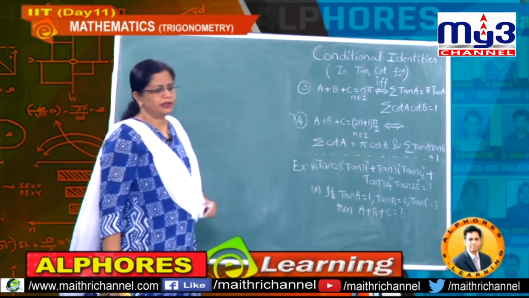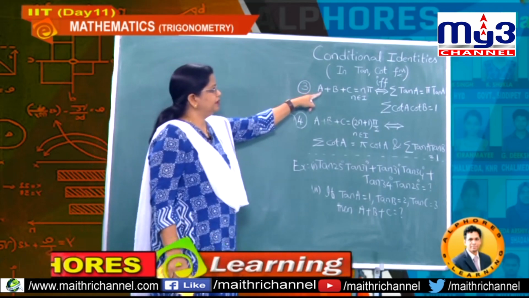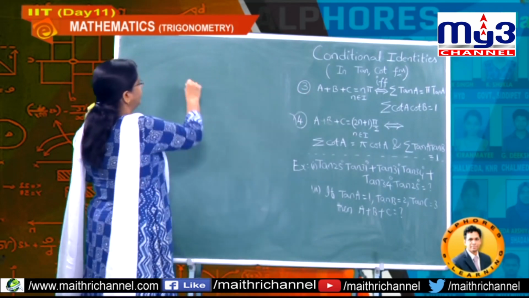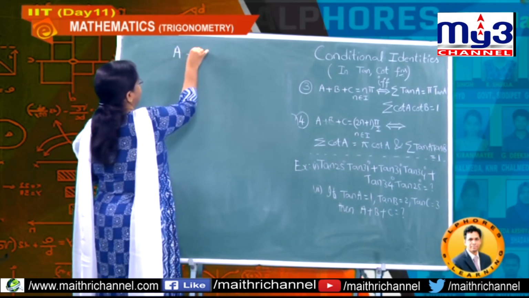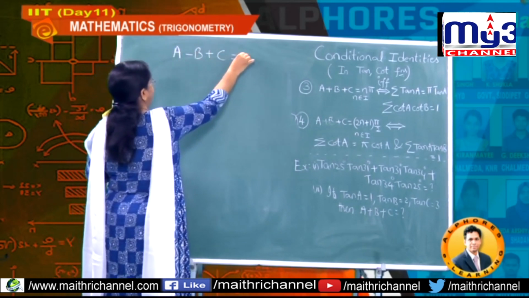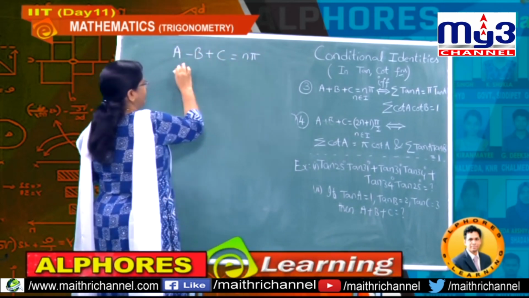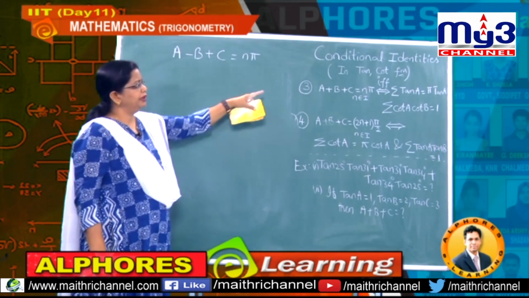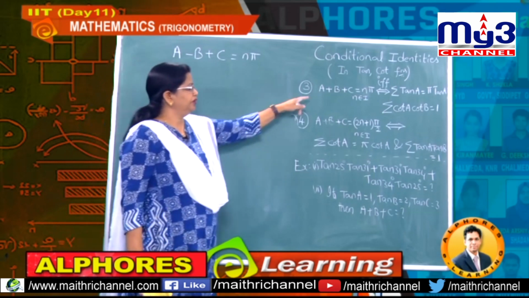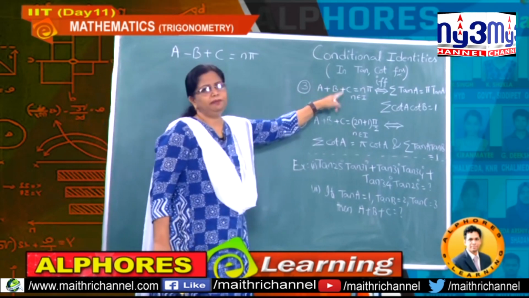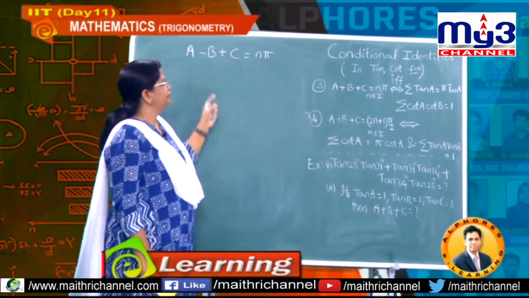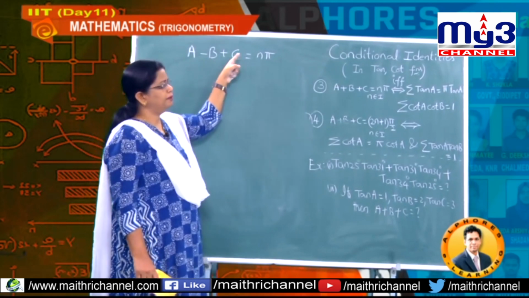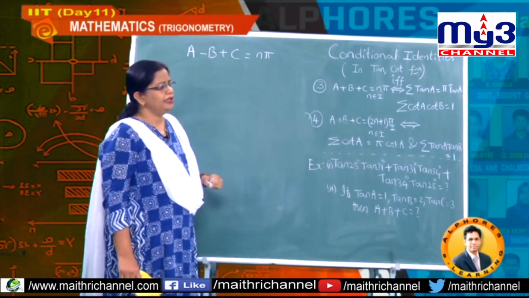Now sometimes in these problems they give A minus B plus C equal to n pi. Then what about the result? Here you have observed A plus B plus C, but sometimes you may observe A minus B plus C equal to n pi, understand.